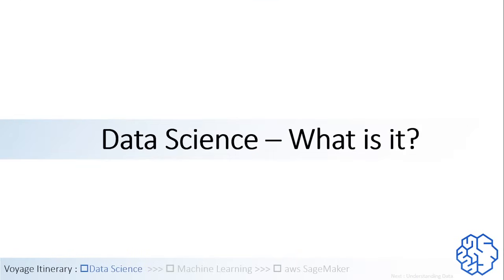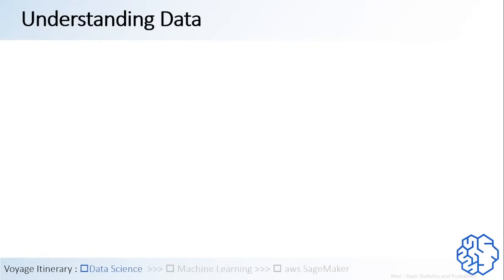Data science, what is it? As we know, when we talk about data science, it is data and science, the science behind the data. So basically what is data? And I think almost everyone knows it, either a formal or an informal definition, right?